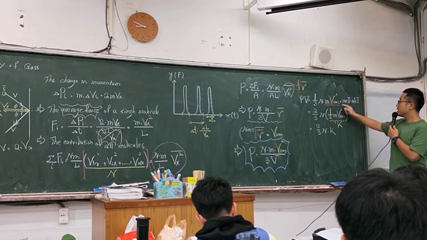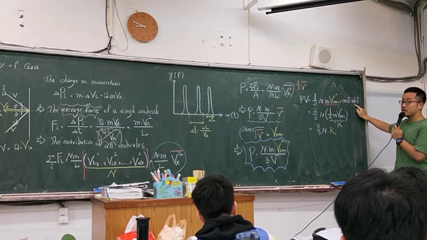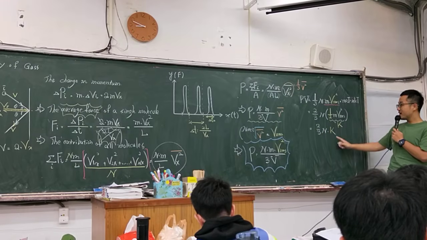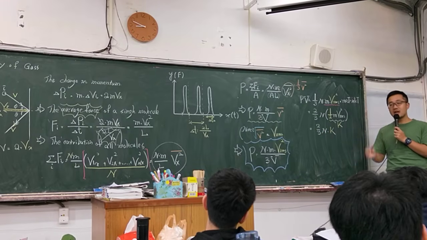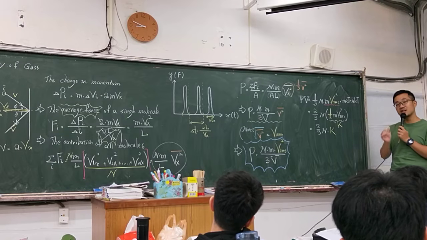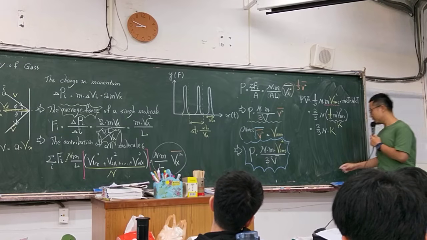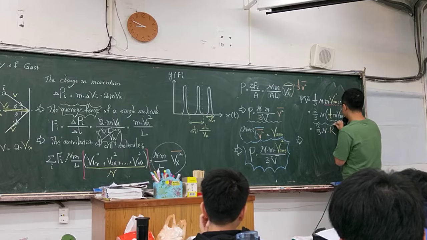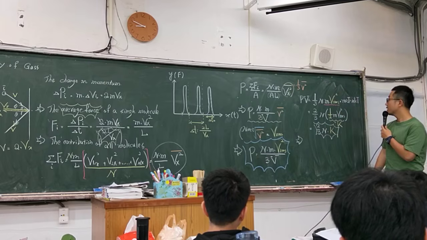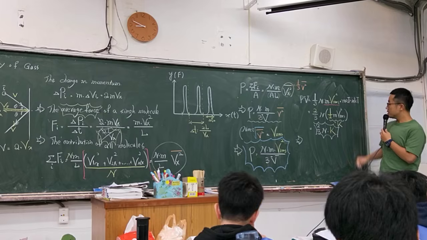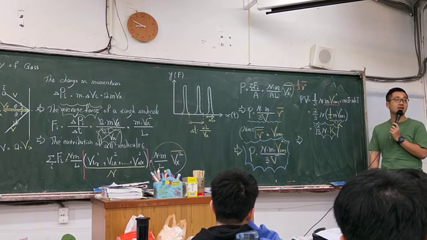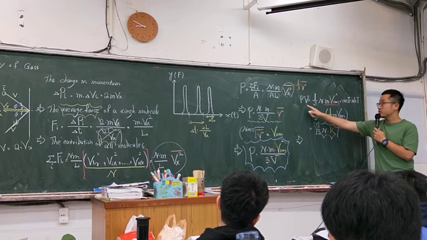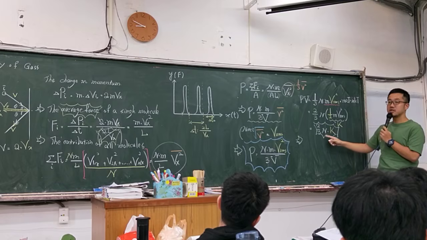So in addition to PV equal to nRT and NkT, now you have a new equation that it can be written as 2/3 NK, where K means the average kinetic energy of a single molecule. 所以你现在可以用一个分子的动能，然后你就可以得到很巨观的这个压力去乘上这个体积。The pressure times the volume is equal to 2/3 NK.